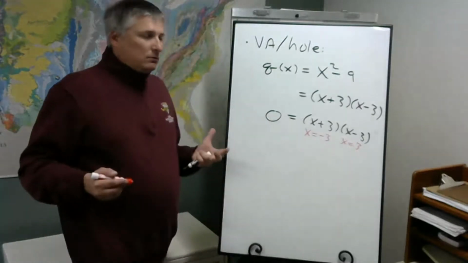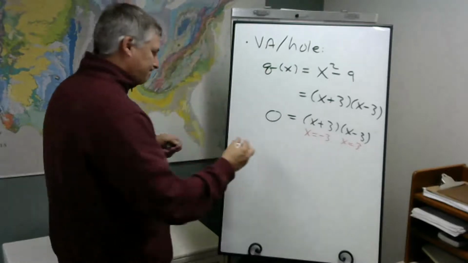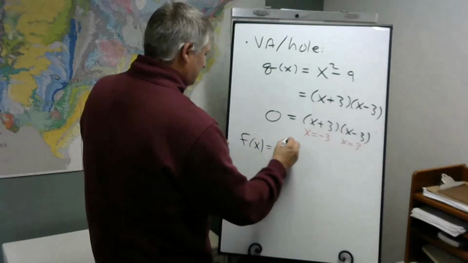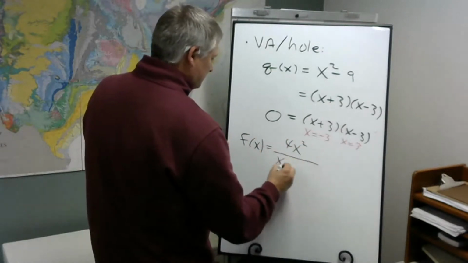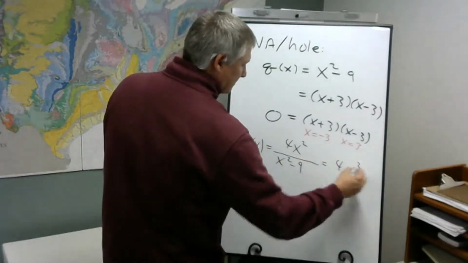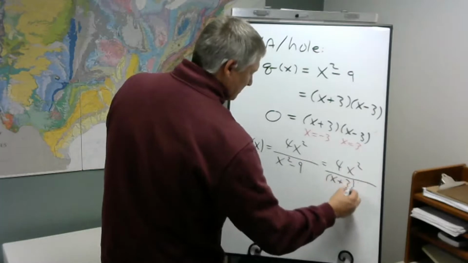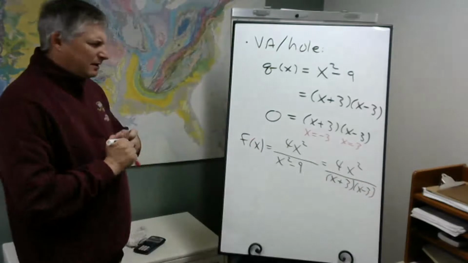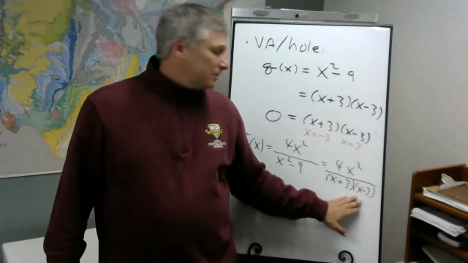Now, is this a hole or is it vertical asymptotes? If we look at our function, do these factors cancel out?